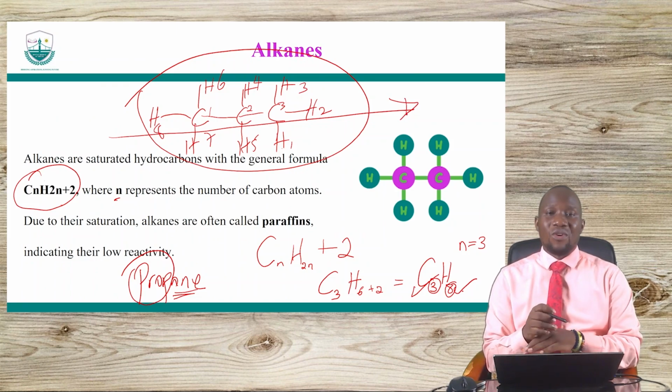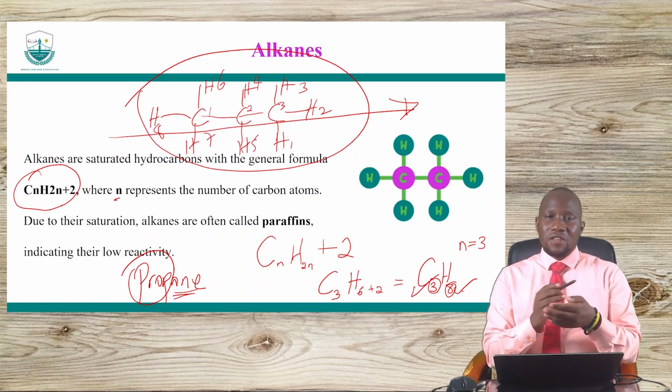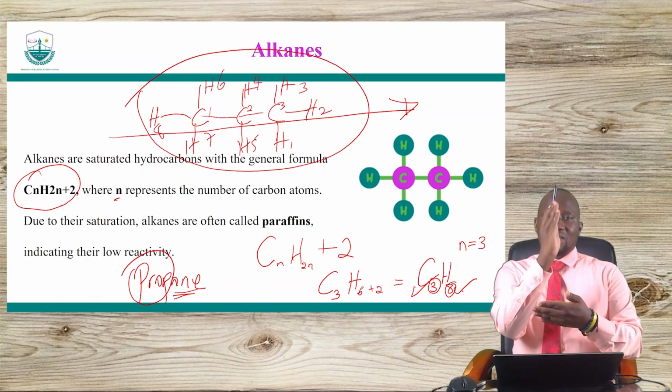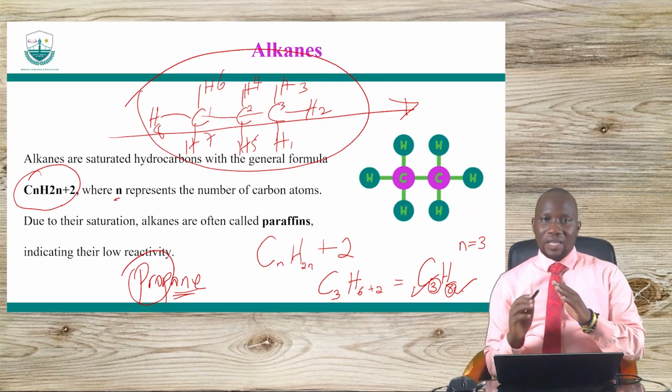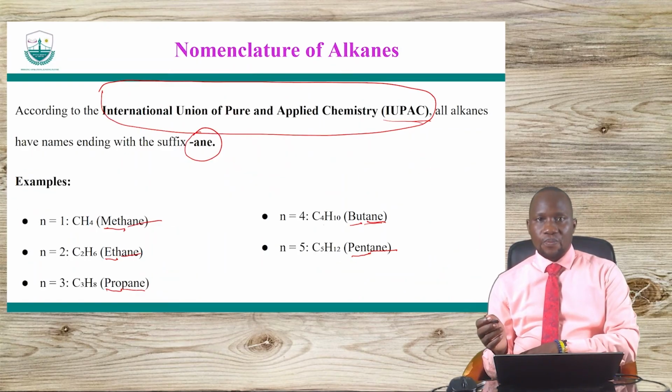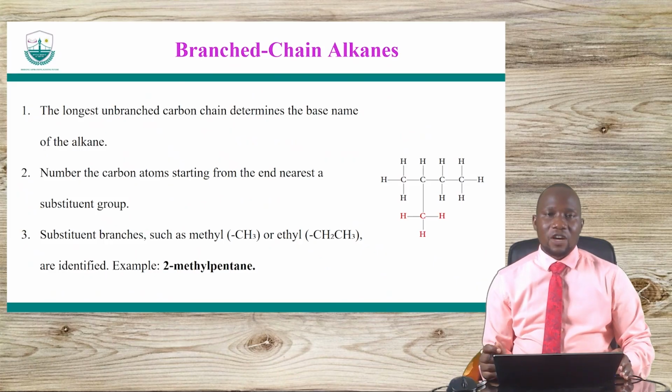But you can also have branched hydrocarbons or branched alkanes. That means it's not straight, you have others going like this, others going downwards, and things like that. So if we have some branching, then there are also some rules to follow. So what are those rules?